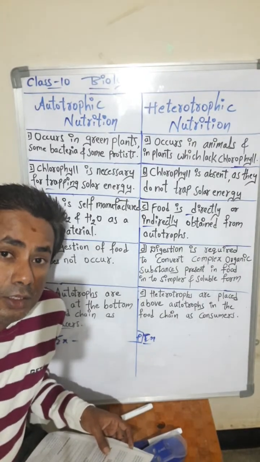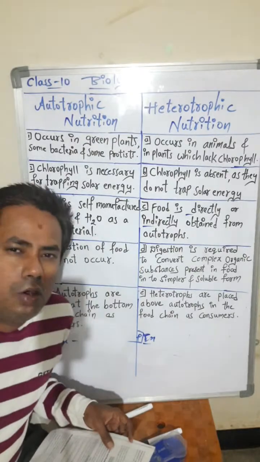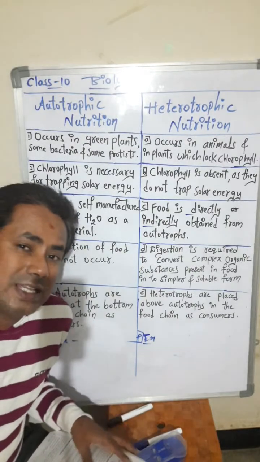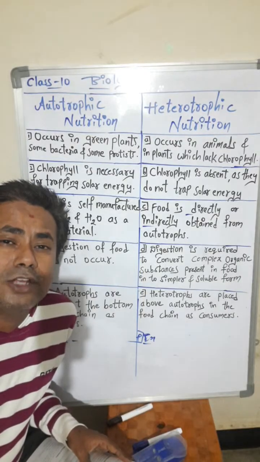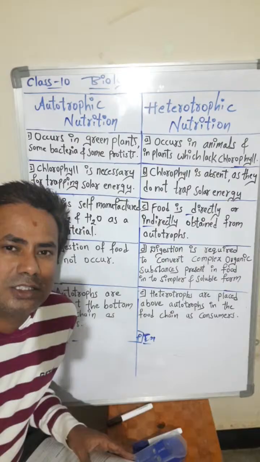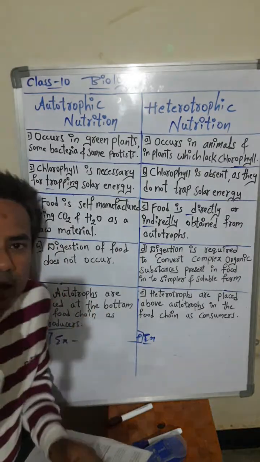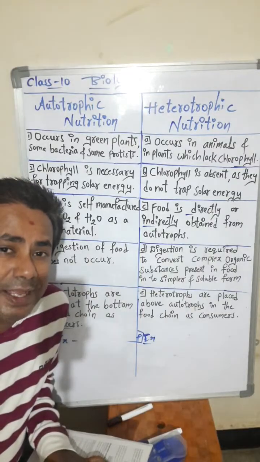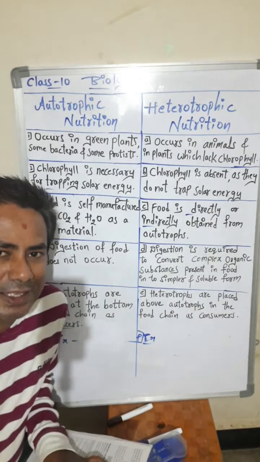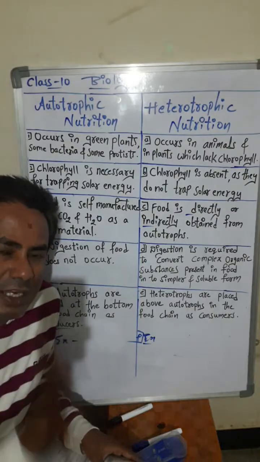But respiration happens in all our cells. How many cells are there in a normal adult human being? Trillions of cells. In just one drop of blood, there will be thousands of cells. Cells are very small.